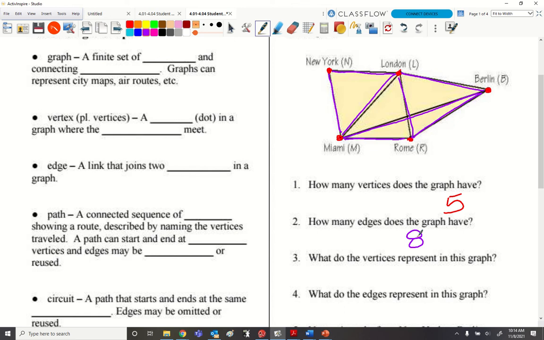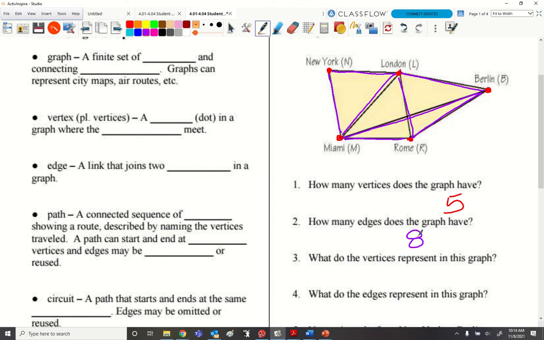Now, next one. What do the vertices represent in this graph? The states. Not states. Well, there's like some countries where it's not a country. I don't think New York is a country. Oh no, I was saying London is a road. Wait, London's not a country, it's a city?